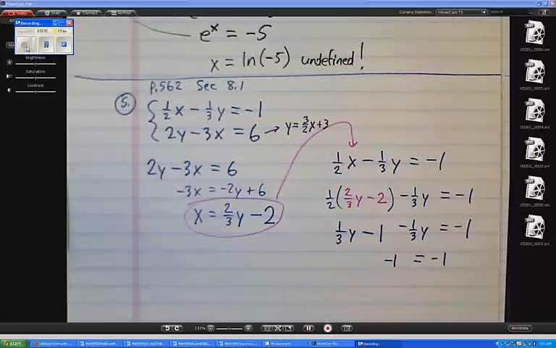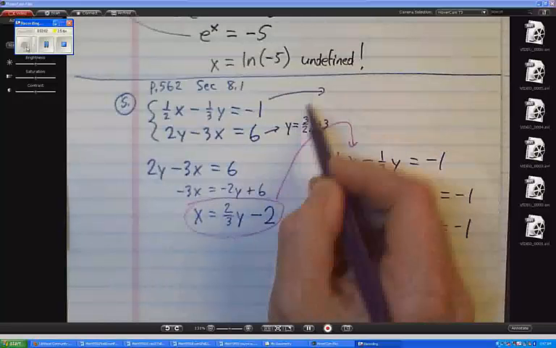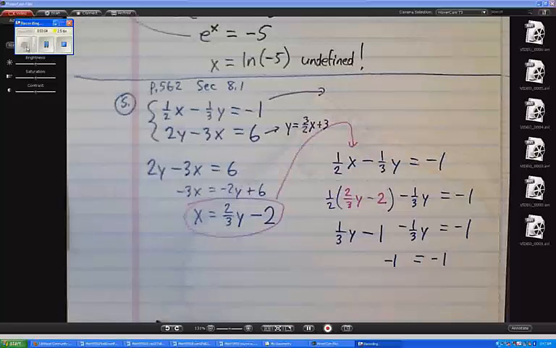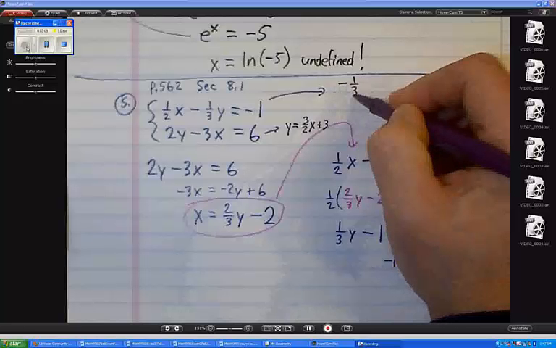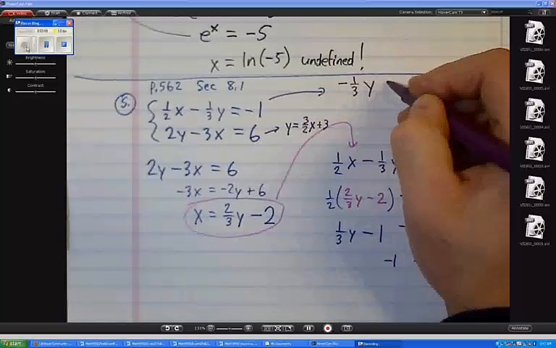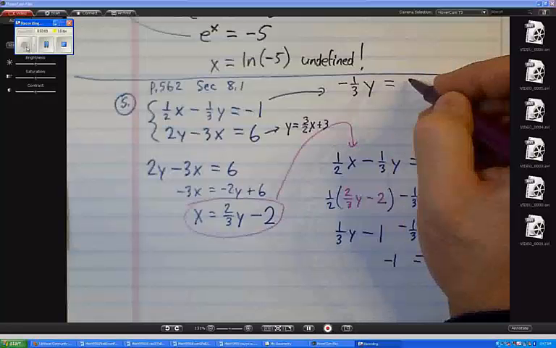Is this okay? Now, what about the top equation? Well, the top equation, let's solve for y also. Because let's imagine we were going to graph it. All right, so I'd have -1/3 y, because I'm going to move the x to the other side, is equal to -1/2 x minus 1.